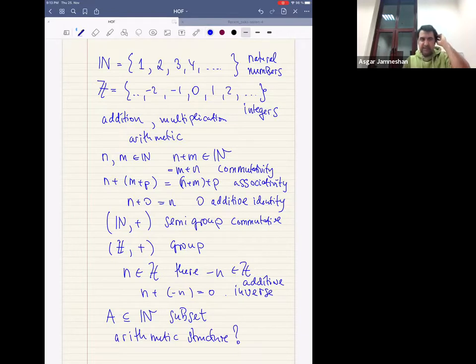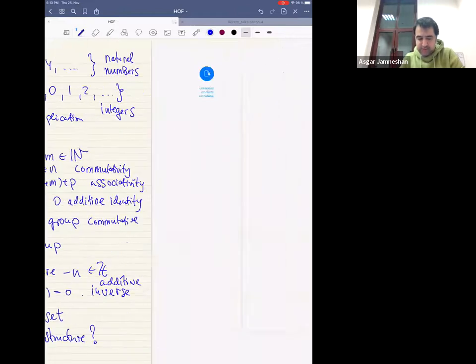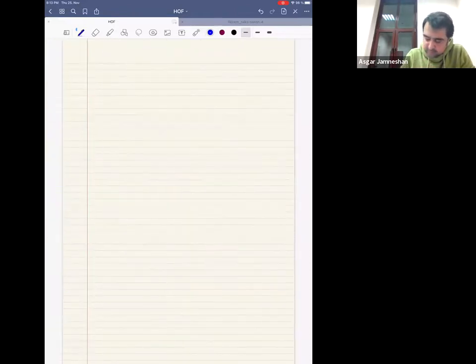So let's discuss some examples of arithmetic structure. For example, take all the even numbers. I write them in this way, 2 times n. This is a collection of all even numbers.